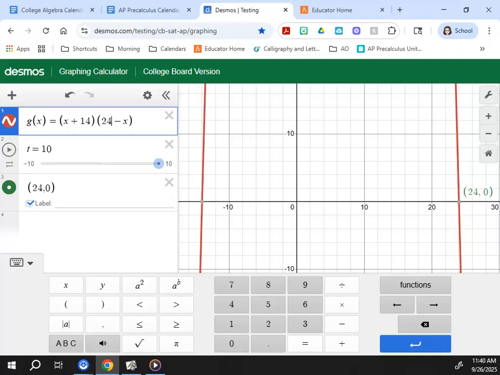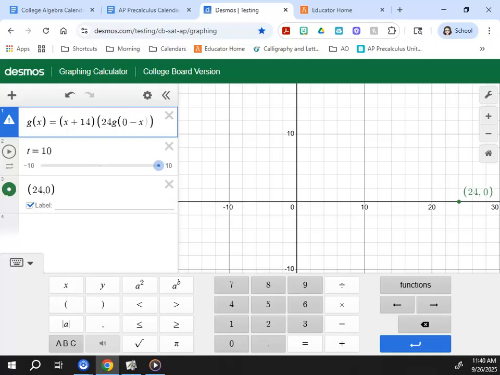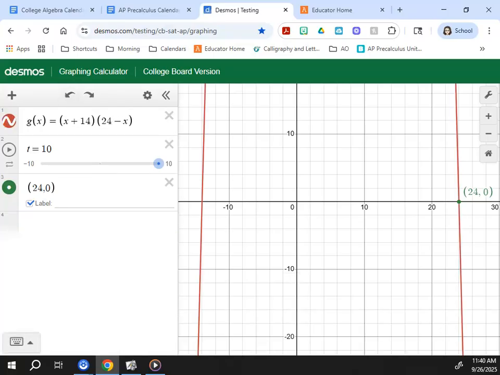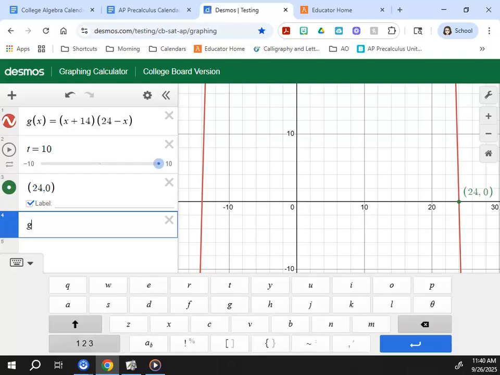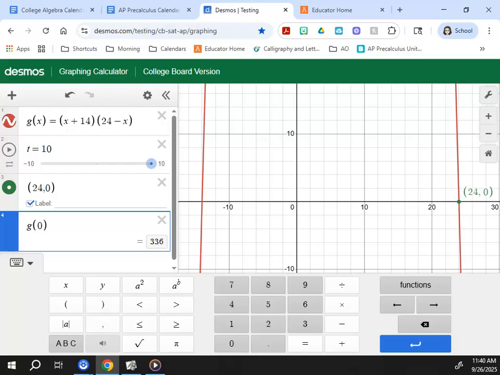So now I can type in g of 0, and guess what g of 0 is? 336. Okay.